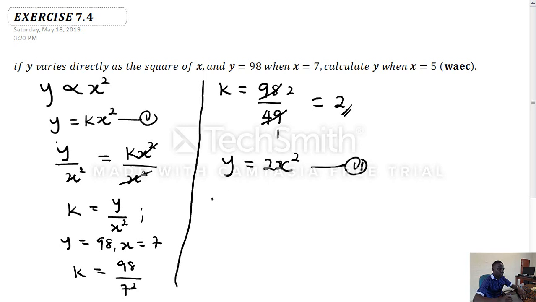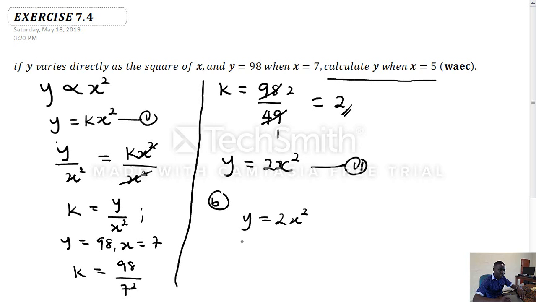But the question says we should calculate y when x is equal to 5. So I'm going to use this equation 2 to substitute and get my value of y, because I have already gotten the relationship between x and y. So we have it that y is equal to 2x squared.